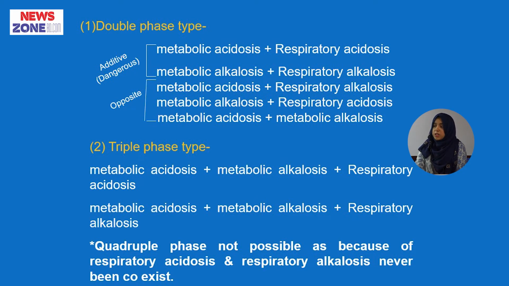Metabolic acidosis with respiratory alkalosis, metabolic alkalosis with respiratory acidosis. Triple phase type: metabolic acidosis, metabolic alkalosis and respiratory acidosis. Another type can be metabolic acidosis, metabolic alkalosis with respiratory alkalosis, but quadruple phase is not possible because respiratory acidosis and respiratory alkalosis cannot coexist.